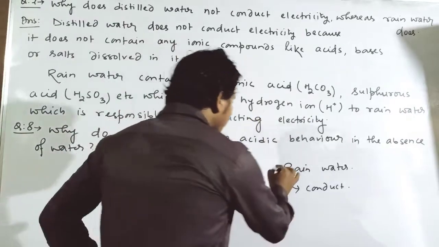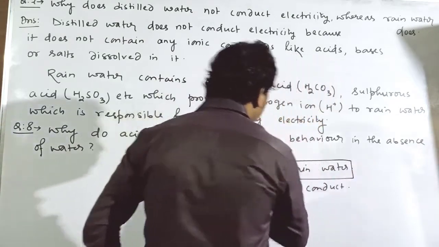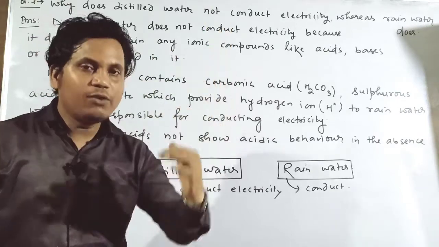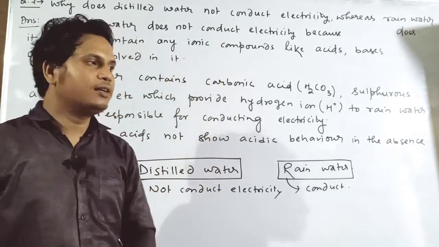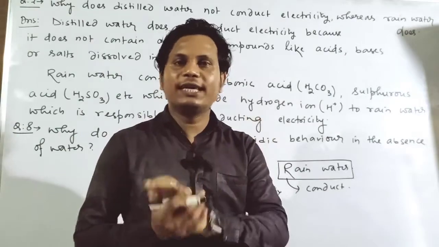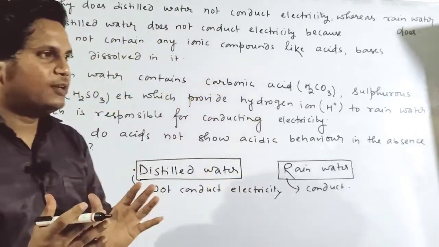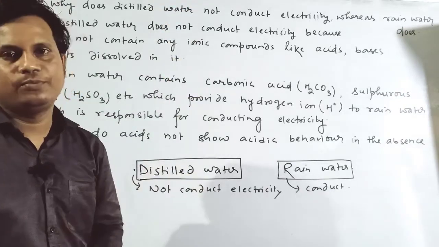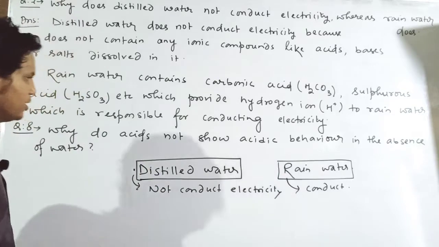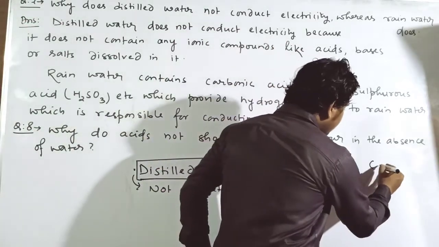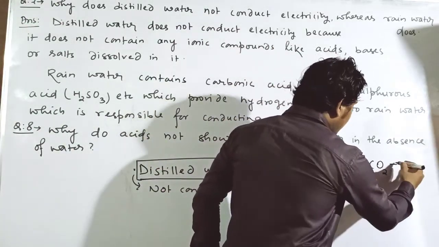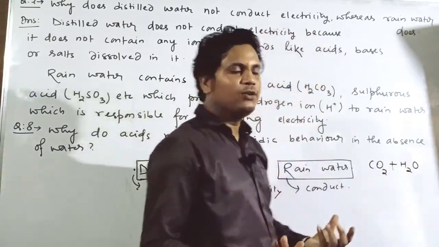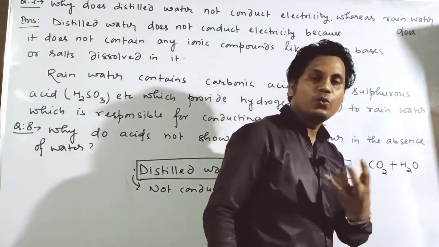Whereas if we see rainwater, we know that while falling through the atmosphere, rain mixes with many gases. So rainwater mixes with carbon dioxide. Water is H2O, whether rainwater or distilled water, the formula is H2O.